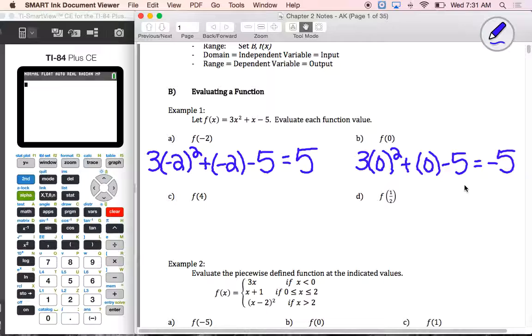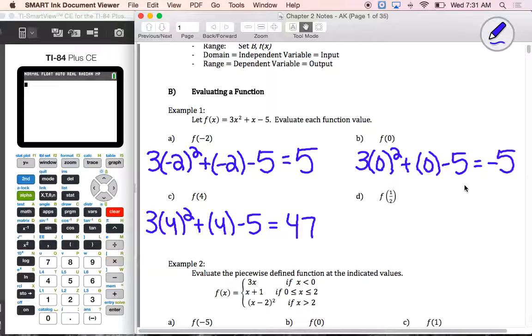Same thing for 4. Put 4 in for x now. If it gets confusing as to what you're supposed to plug in, just think wherever the x's are, it's like saying parentheses. We're dropping in whatever number you have in parentheses in for our x. So when I do that, I get 47.